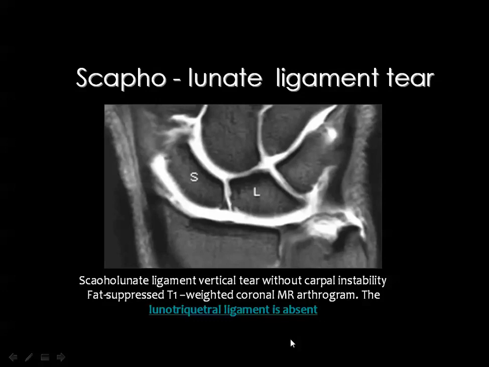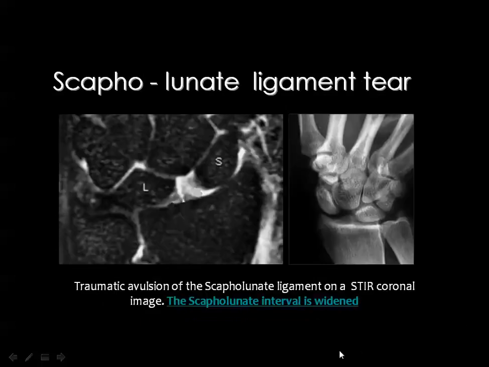This is also an example of scapholunate ligament injury. You see the defect within the ligament. This is the scaphoid, the lunate, and the triquetral; the lunotriquetral ligament is absent, as I have said.